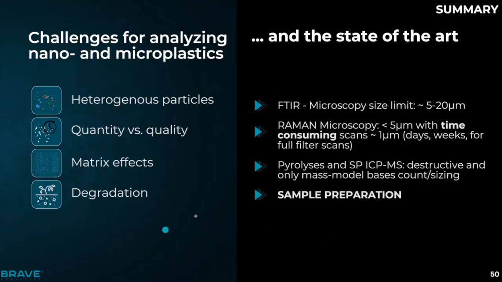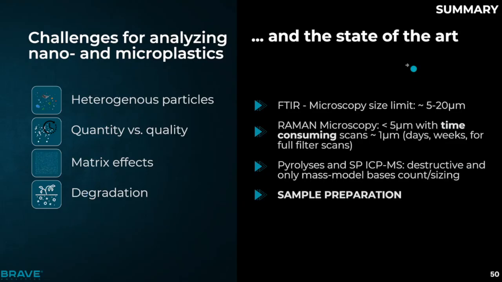So with this, I hope I could tell you a little bit about the different challenges where we really had different mixtures of samples, where we were scanning over seconds and minutes in order to quantify 20 and even below 1 micrometer, where we had the different matrix effects, with the presence of an emulsion product, the presence of lots of other particles coming from soil, and the presence of really degraded particles.